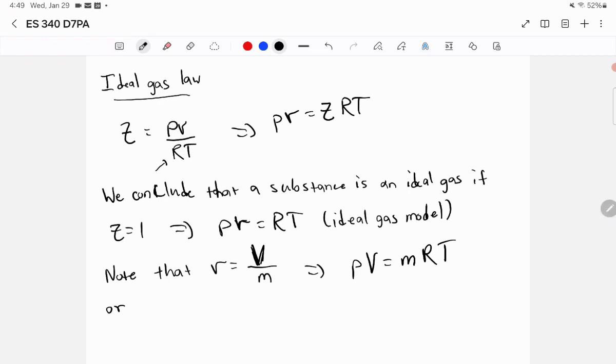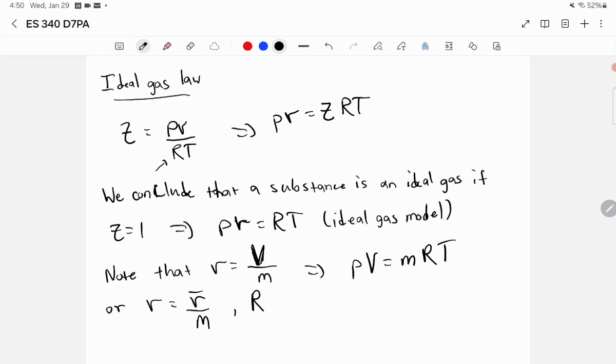Or we can do this. The specific volume is equal to the molar specific volume divided by the molar mass, which obviously you could read off the periodic table. If it's diatomic, obviously you have to multiply whatever the periodic table value of the mass is times 2 and whatnot, but you get the idea.